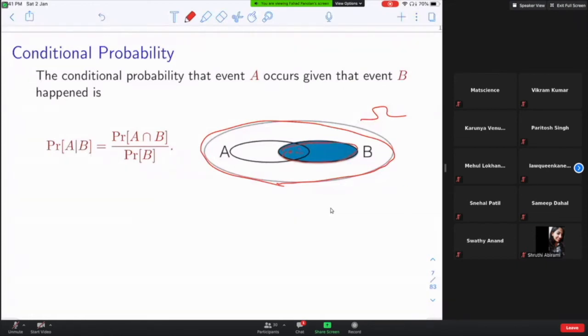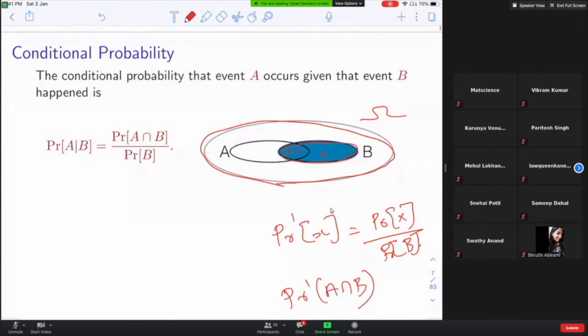If you notice, in terms of the old probabilities, suppose the new Pr prime of each element here, say x, is Pr of x divided by Pr of B. Then the probability of A given B is equal to Pr prime of A intersection B, which is equal to Pr of A intersection B divided by the probability of B. That's all. So this is the definition.